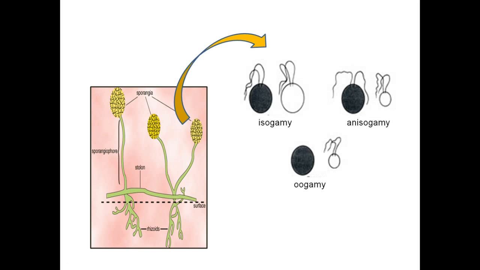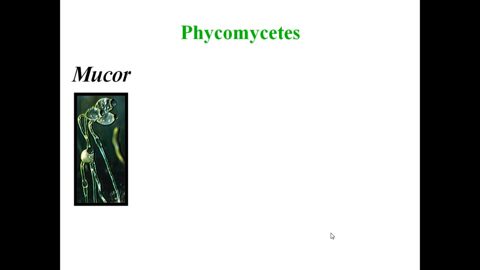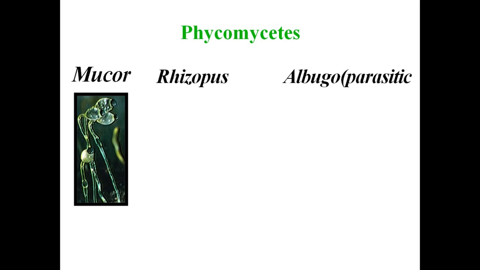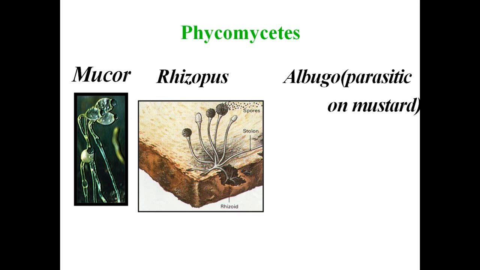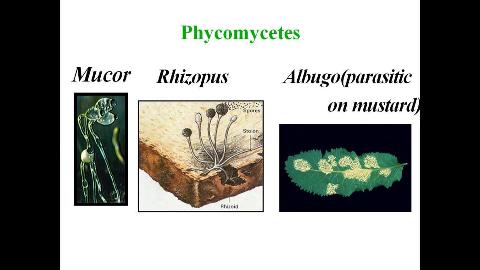If it is dissimilar, that is anisogamy and oogamy. Some common examples of these Phycomycetes are Mucor, then Rhizopus. Rhizopus is a bread mold. Albugo, this is a parasitic fungus on mustard.